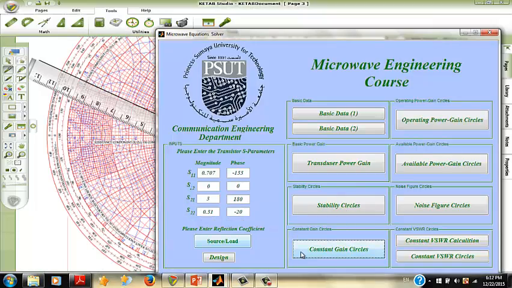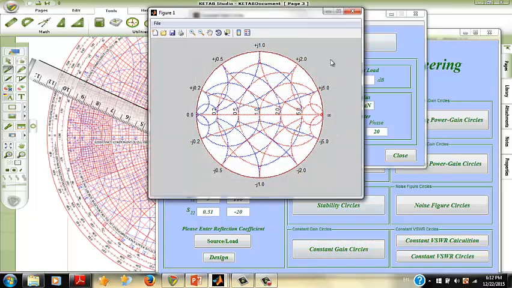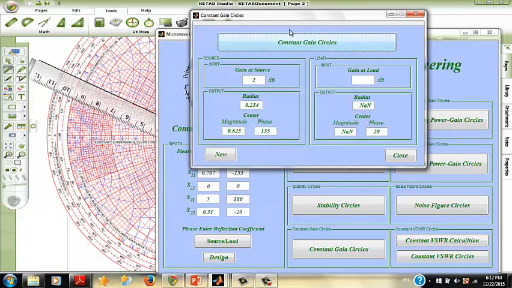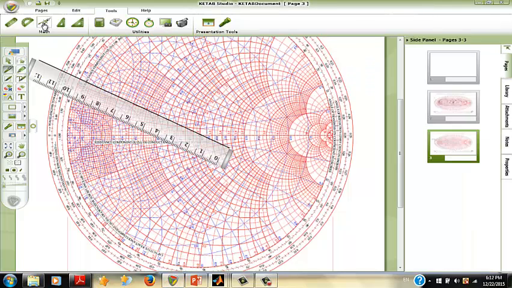The magnitude of the center is 0.625, so we want to draw it on the Smith chart.